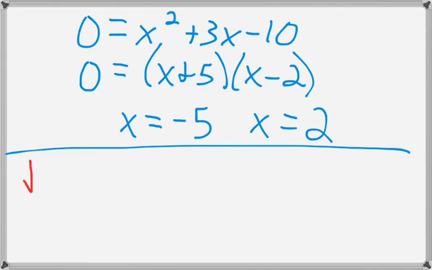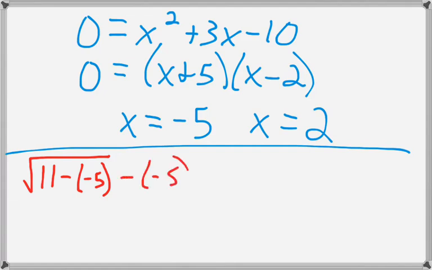Alright, so our original equation was the square root of 11 minus x equals 1. I'm going to check negative 5 first. So I'm going to substitute negative 5 for x. So what do we have here?